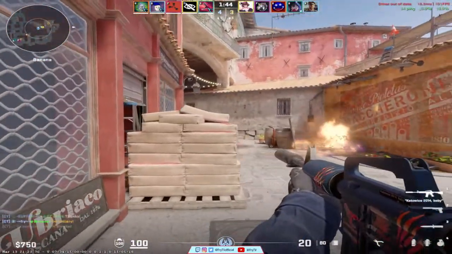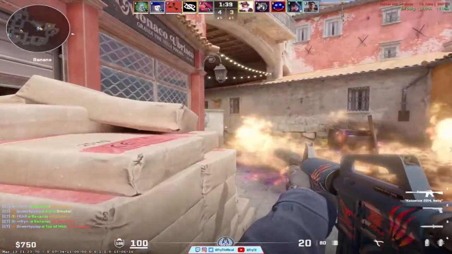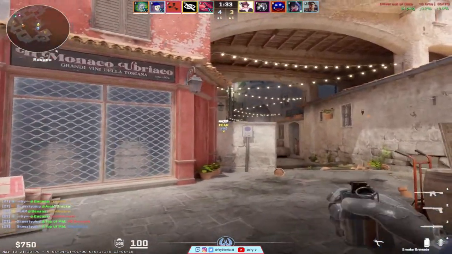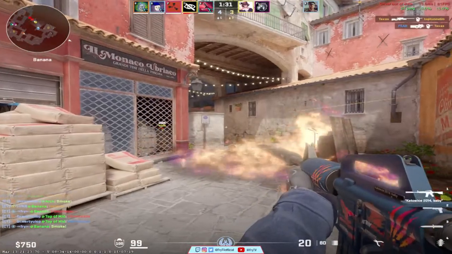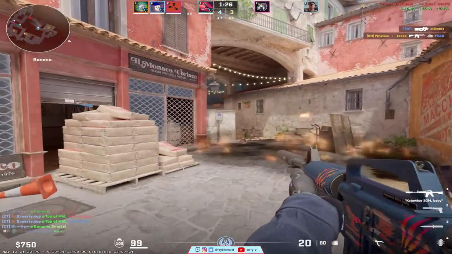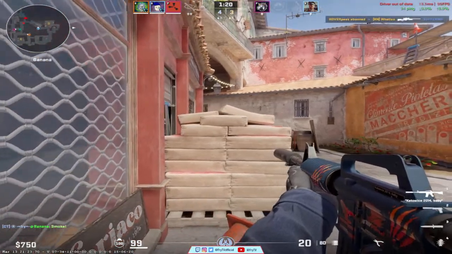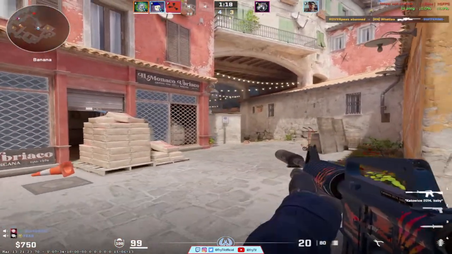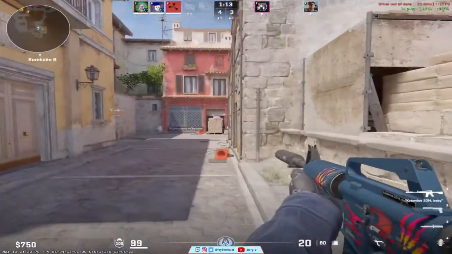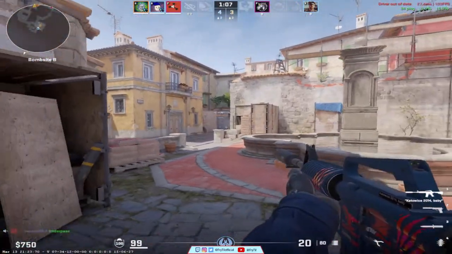Throwing fire. Throwing smoke. Incendiary out. Throwing a grenade. Flashbang. Laying down smoke. Don't push, please. Connector. One pit. I will check B. Fuck.